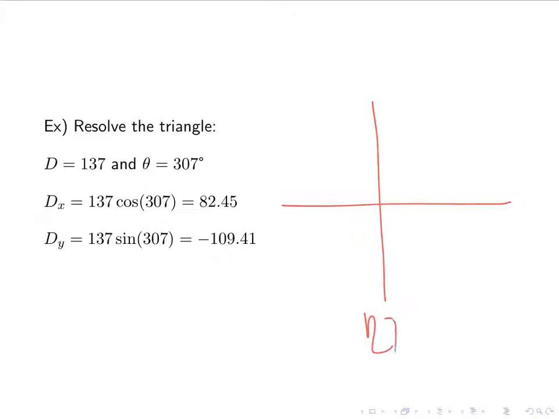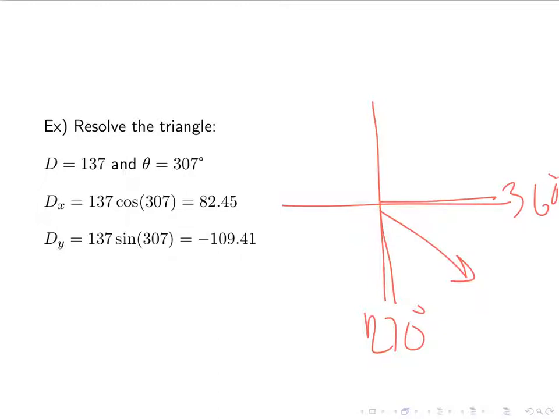We know this is 270, this is 360, so it's somewhere in here. So I know that my x should be positive, my y should be negative. That's good.